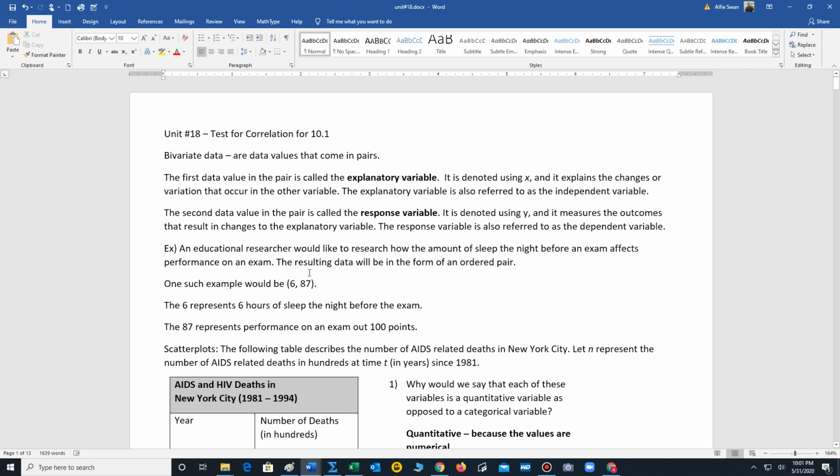The numbers are encased in parentheses. The first number is your X value, your explanatory variable, and that is 6. 6 represents the hours of sleep the night before the exam. The second number is the response variable. That's the score that the student earns when they take the exam out of 100 points.